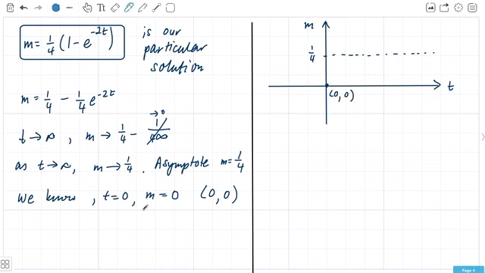Now if you wanted to, you could also put another point. I usually take t equals 1, because it tends to be quite a nice one. In this case it won't be, but it doesn't matter. That would be 1/4 of 1 minus e to the negative 2.